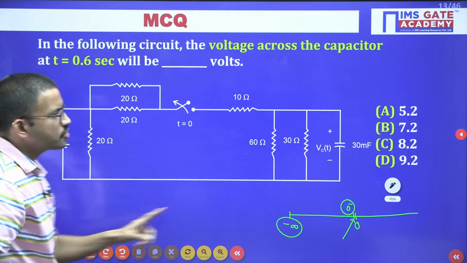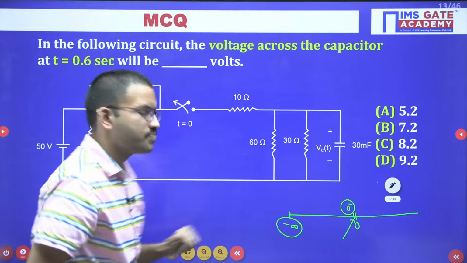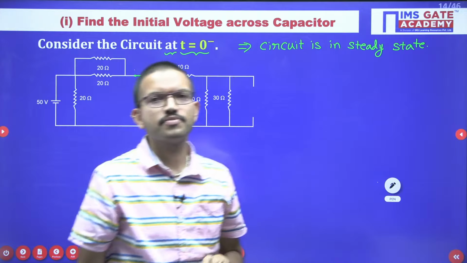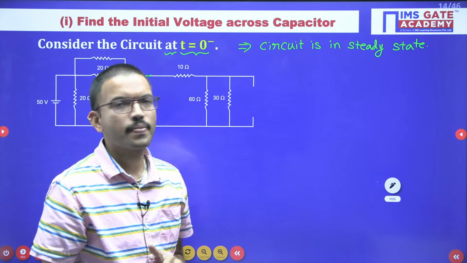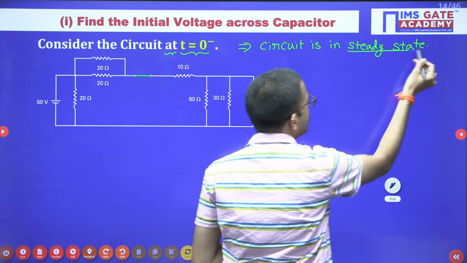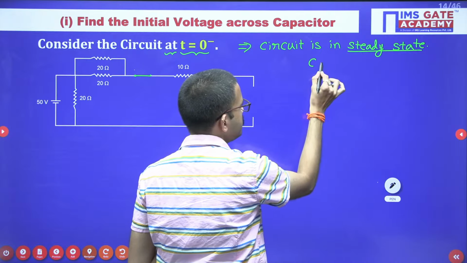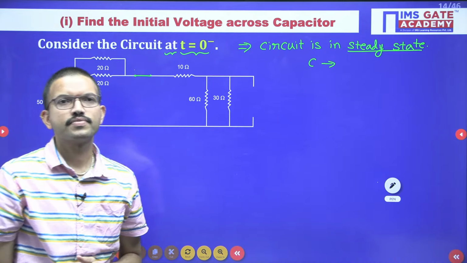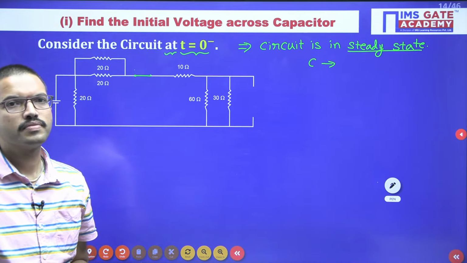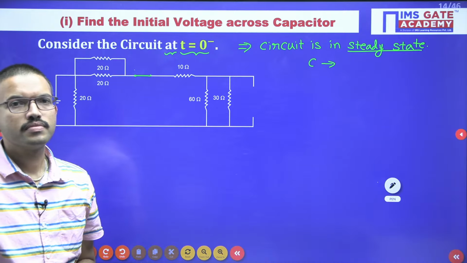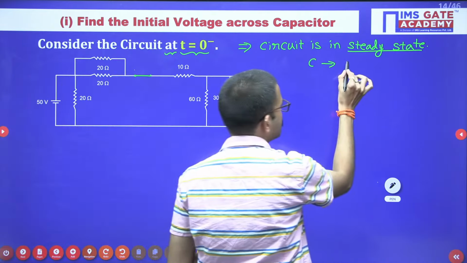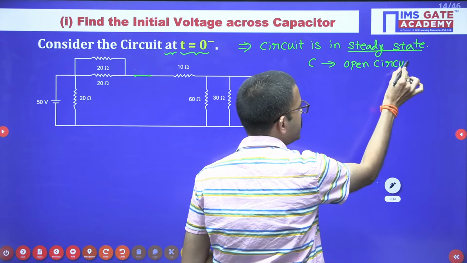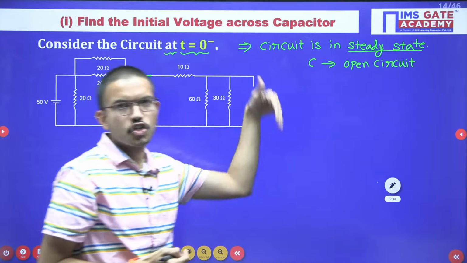Now, in this circuit you are having a capacitor. All of you please respond: in steady state, does a capacitor act as an open circuit or a short circuit? The capacitor acts as an open circuit. If you are having an inductor, then it will act as a short circuit.